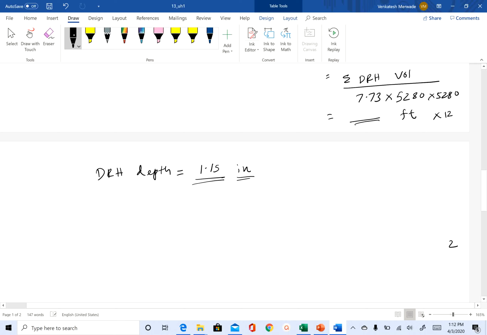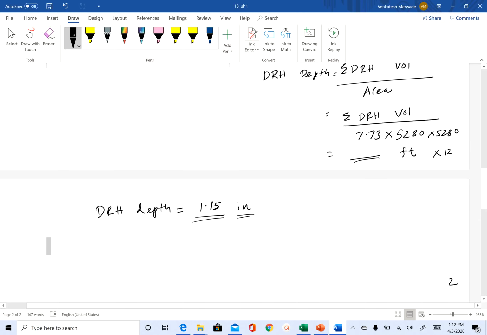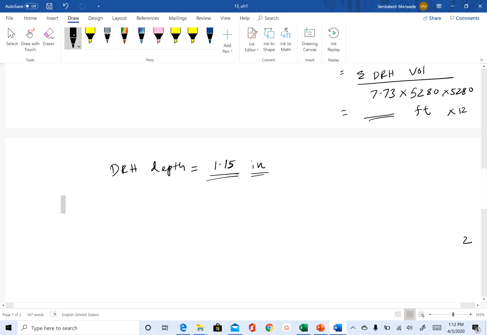And you can check after you do your calculations. So you can see that we are very close to a unit hydrograph. So if this was 1 inch, what we have here is a unit hydrograph, but this is a little over 1.0.